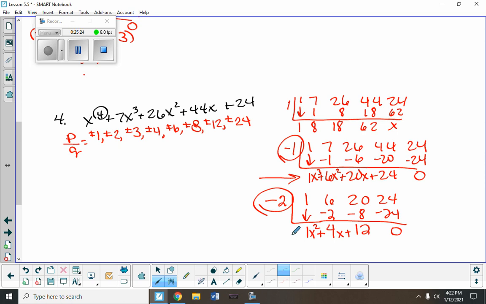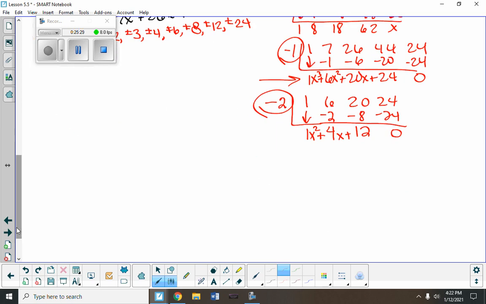Now, if you look at that one, you're not going to be able to factor it. So you're going to have to do the quadratic formula on that. So -4, and then b squared is 16 minus 4 times 12, all over 2.